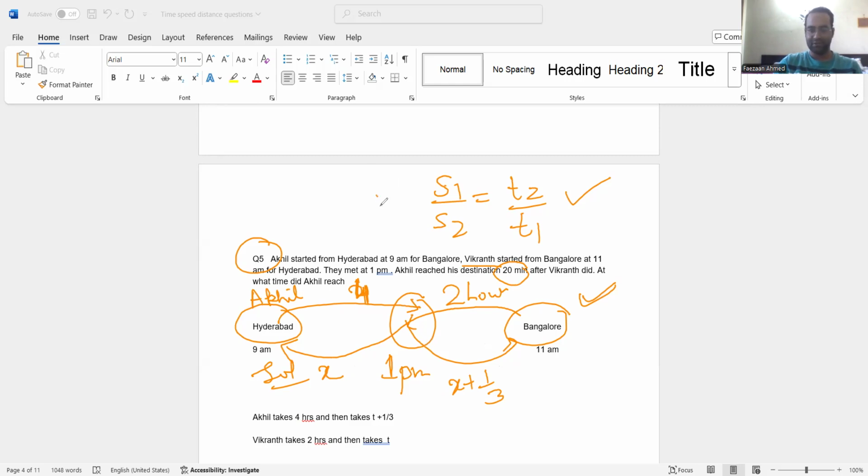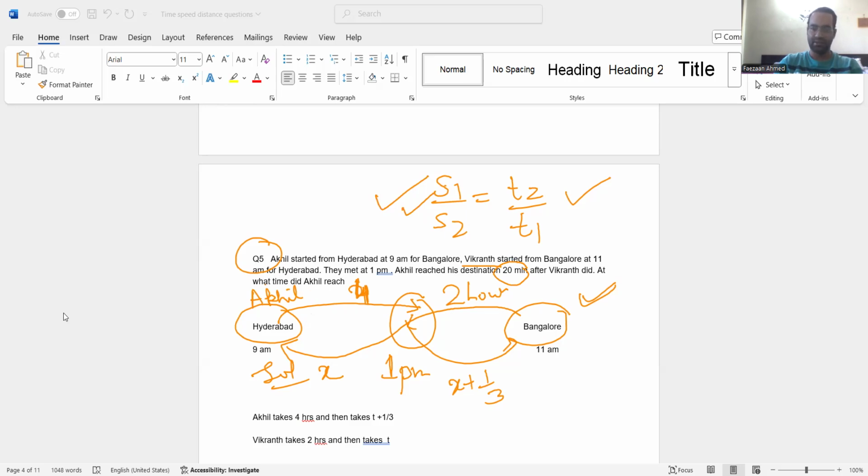This is basics. You'll see how I'm going to use this concept and then find out everything, for example, the time that Akhil will take to reach the destination and so on.